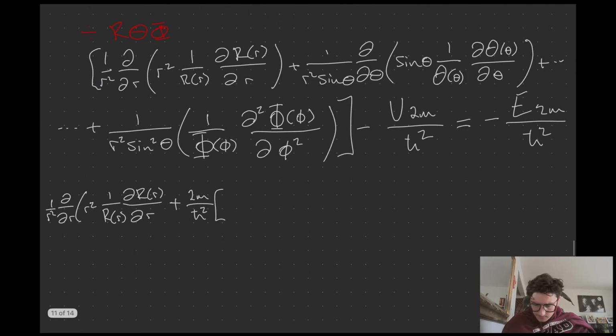Remember v minus e. So it's minus here. We subtract, and then we have v minus e. And also, we FOIL over this r. But we can't do that right now, because of this derivative.